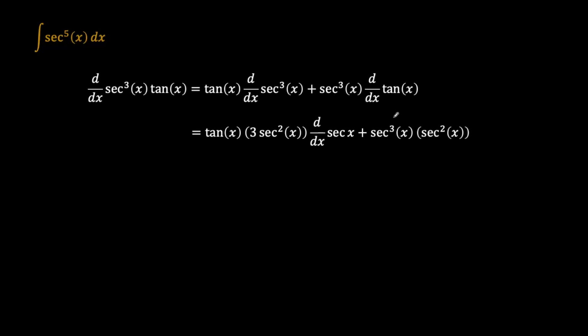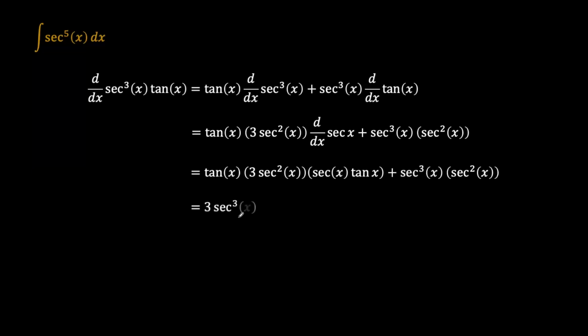And then here we have sec cube x times sec squared x, which is the derivative of tan x. And so sec x, when you differentiate, is sec x tan x. So eventually we have 3 sec cube x times tan squared x plus sec to the power 5x.